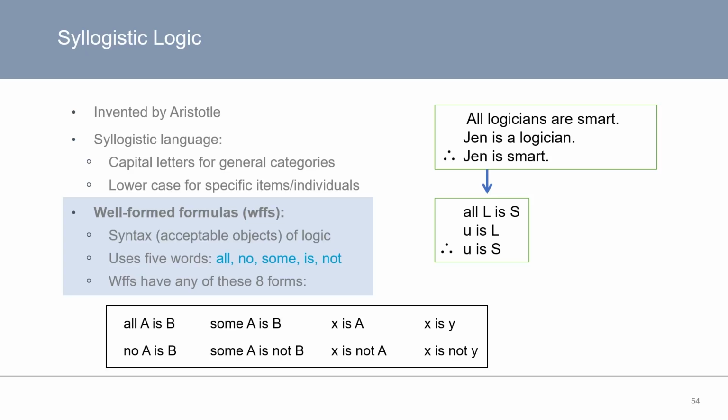All A is B, some A is B, X is A, X is Y, no A is B, some A is not B, X is not A, and X is not Y. Make note of the use of capital and lowercase letters in these examples. These 8 forms capture the various valid ways that our 5 syntax connectors can relate general and specific objects.